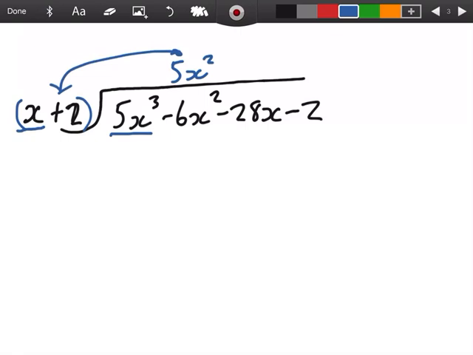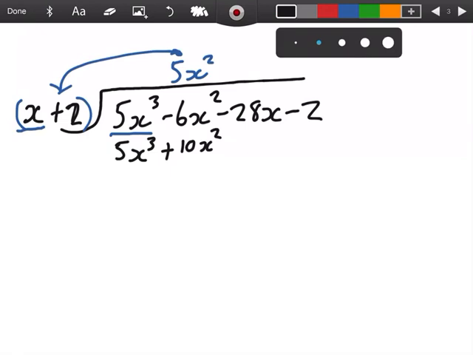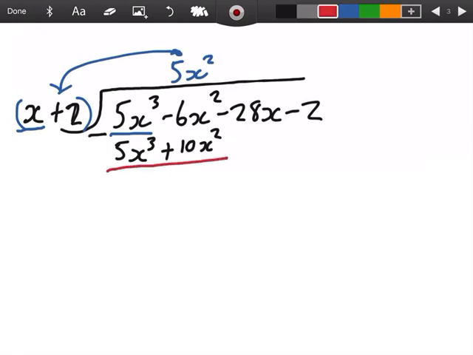And then we get 5x cubed plus 10x squared. And then we take away. So 5x cubed minus 5x cubed, that cancels out.